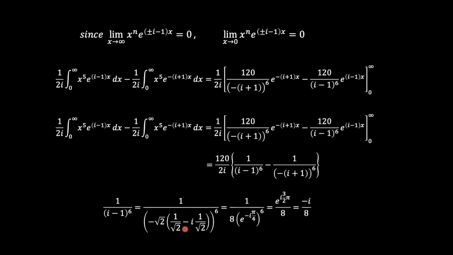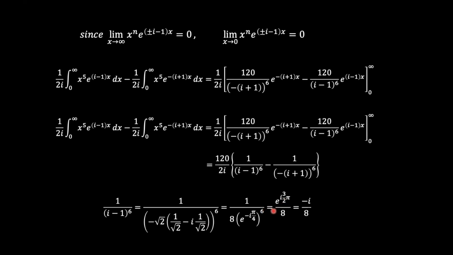And then here we have e to the power negative i pi over 4, because cosine pi over 4 is 1 over root 2, sine pi over 4 is 1 over root 2. So as you can see, there's a negative sign here, so we can take that to the numerator.